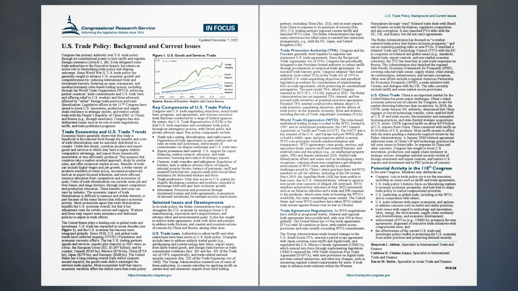The top U.S. trading partners, goods and services, exports plus imports, in 2021 were, as a bloc, the European Union, EU, $1,097 billion, and by country, Canada, $763 billion, Mexico, $726 billion, China, $719 billion, Japan, $279 billion, and Germany, $268 billion.